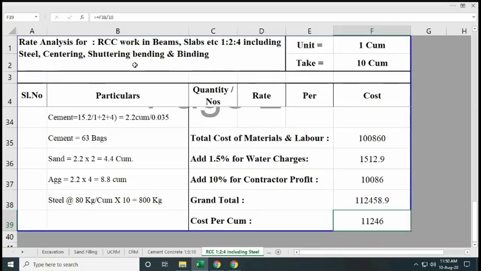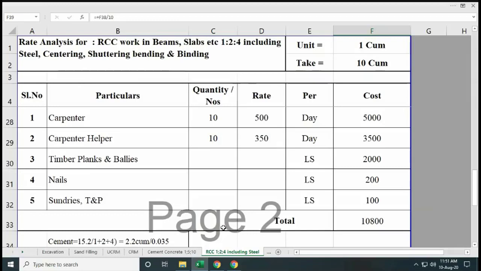But in the estimation part, we used to take RCC work and steel work separately. We used to take nearly around 5,500 or 5,800 something. But here it is 11,000, so it is inclusive of steel and everything. Right? So this is the cost.